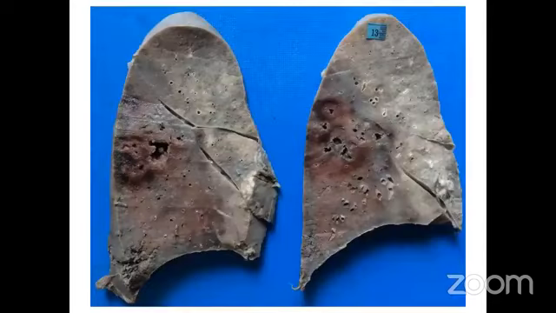Now let me digress a little and show you the serial cross sections of the right lung. So what is easily seen is that there are multiple subpleural hemorrhagic wedge-shaped areas in the lung, along with some cavitation which has formed.